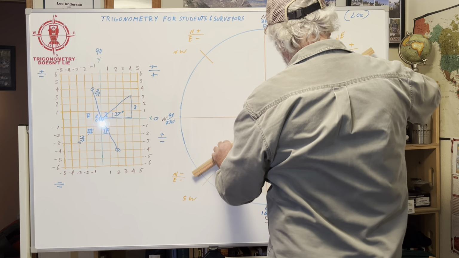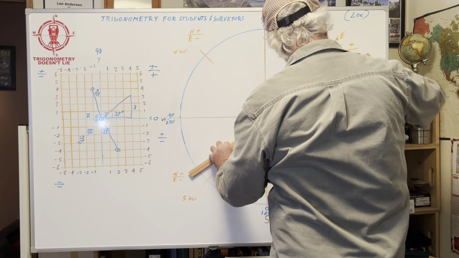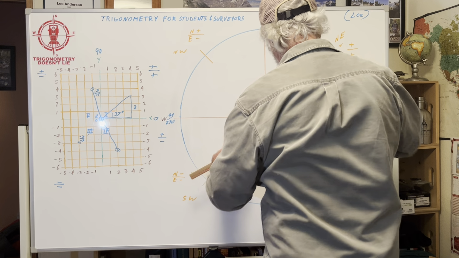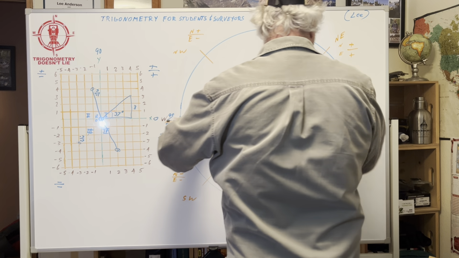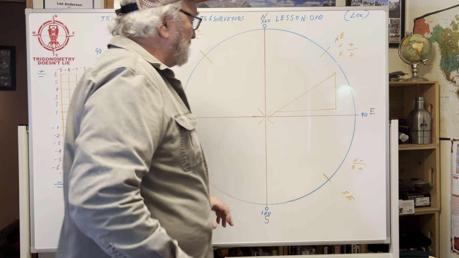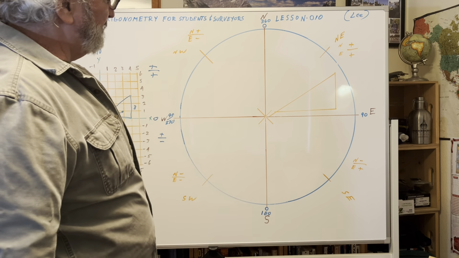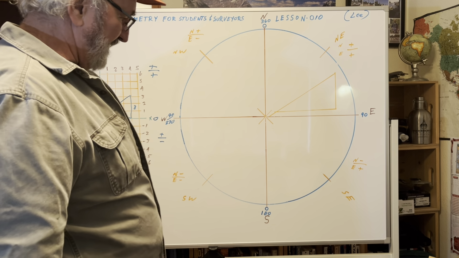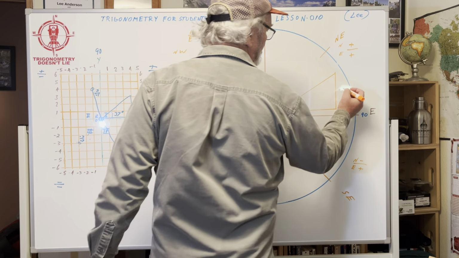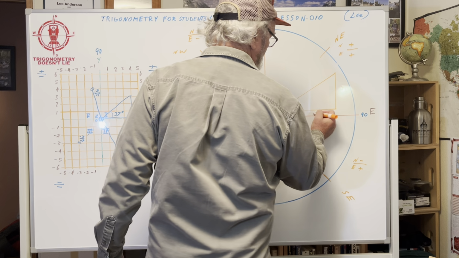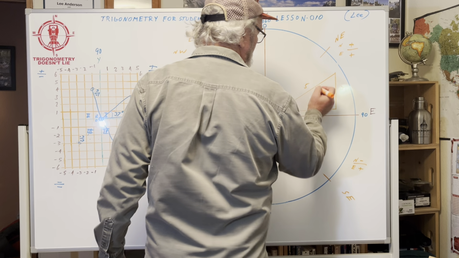These dimensions are obviously not perfect. The vertex of the angle is supposed to be right there, but that's all right, you get the idea. So we have our 3, 4, 5 triangle.